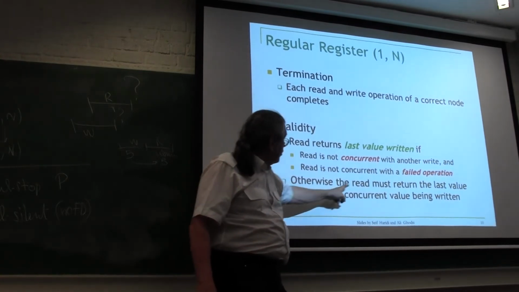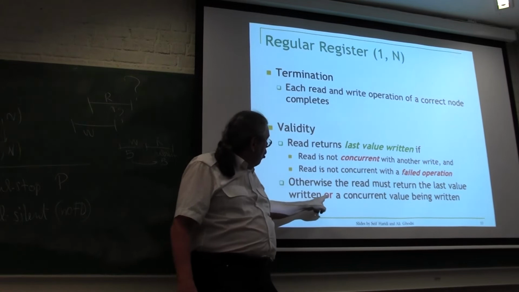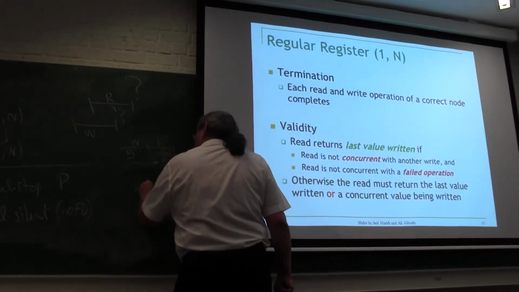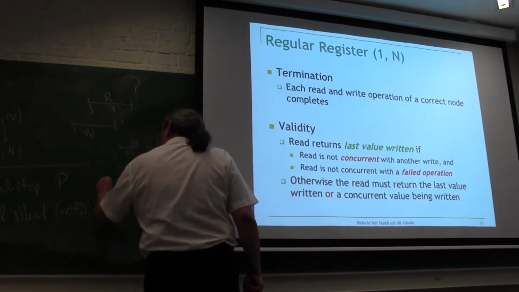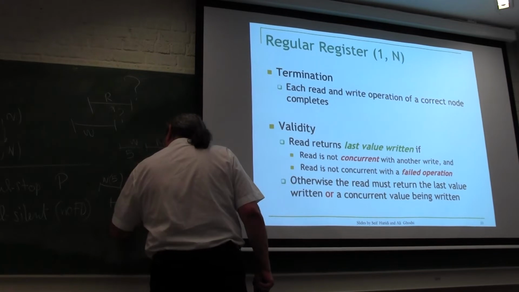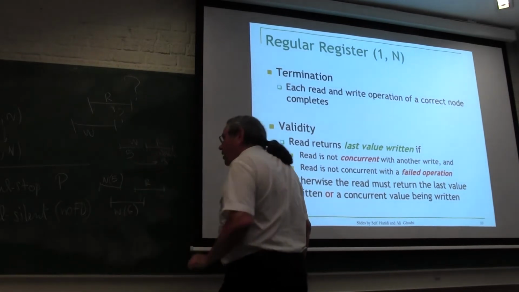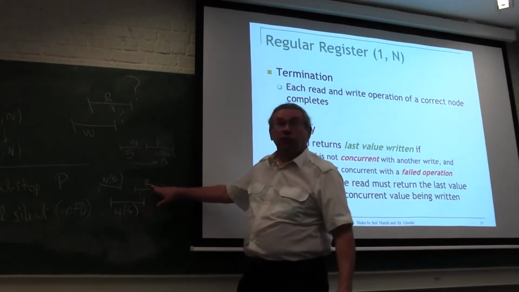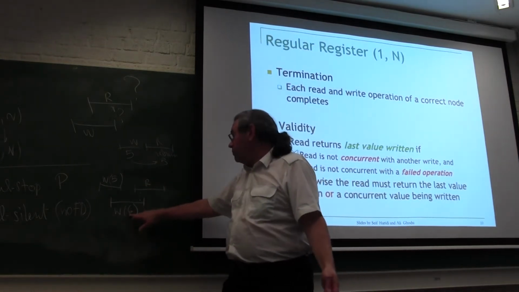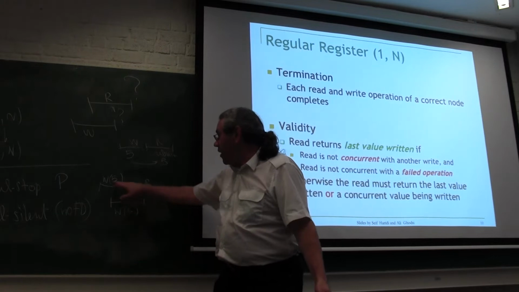It either returns the last value written or a concurrent value. So if I have a read here, for example, and I do write of 5 here, and here I have a write of 6, notice there's an overlap here. This read is allowed to return 5 or 6. We can't be sure which one, but it has to be 5 or 6.